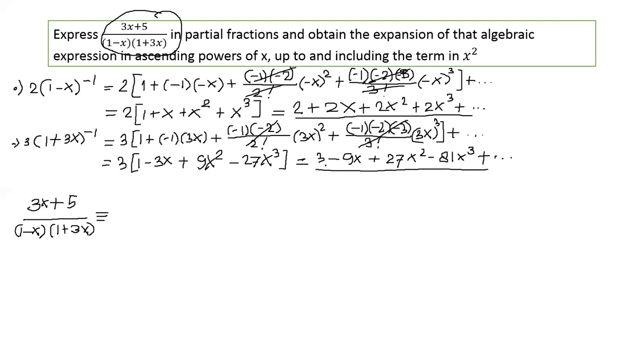It means 2 plus 3, 5 here, 2x minus 9x, negative 7x, and then 2x squared plus 27x squared, plus 29x squared, and 2 minus 81, negative 79x cubed.